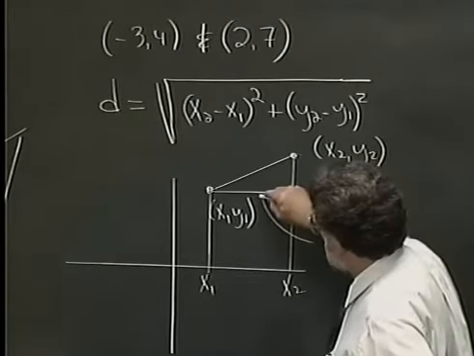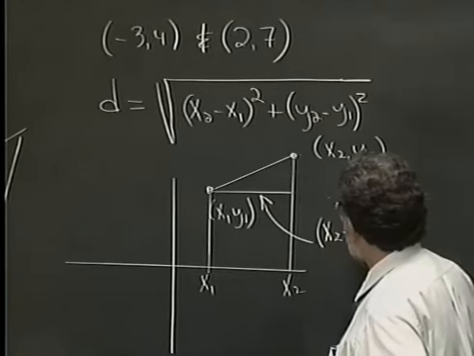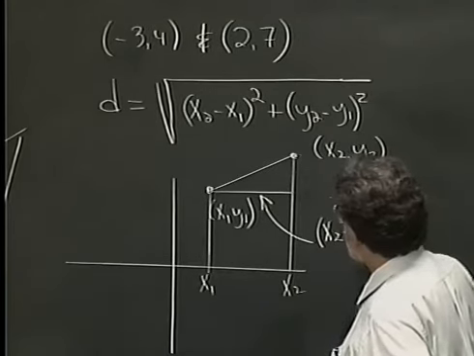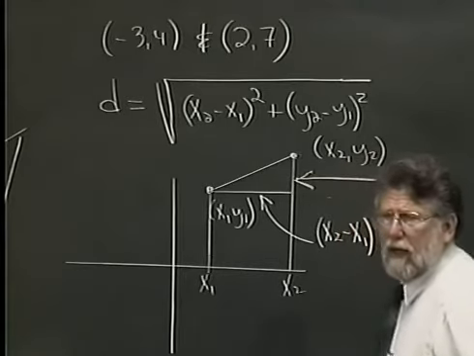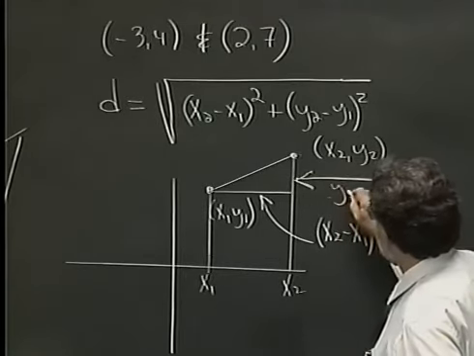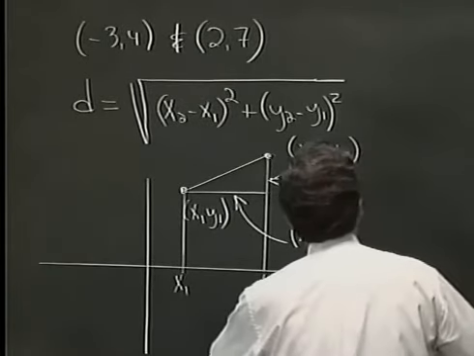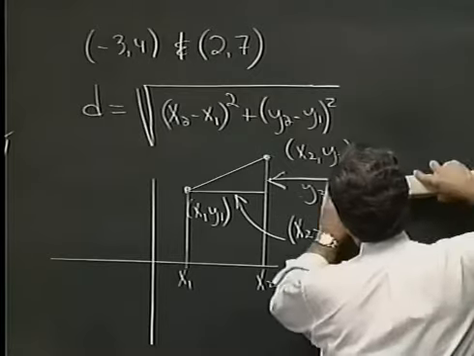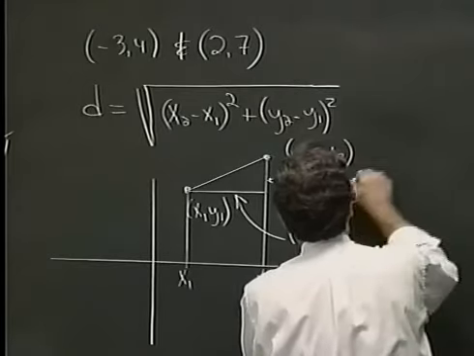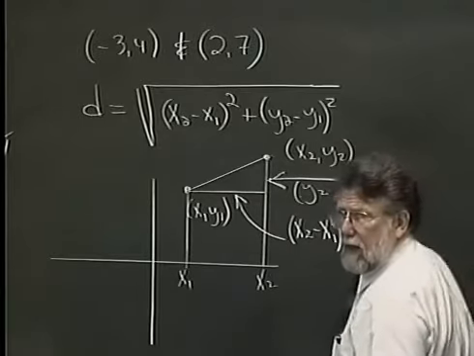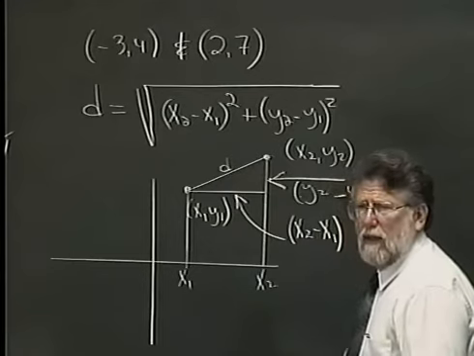So this base of the triangle is x sub 2 minus x sub 1. And this height of the triangle can be thought of as y sub 2 minus y sub 1. The diagonal right here is the distance between.